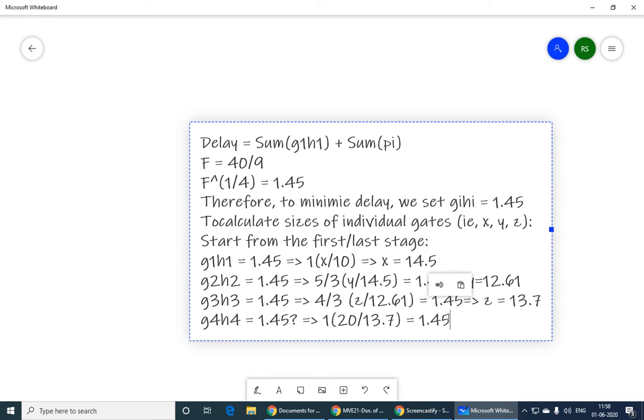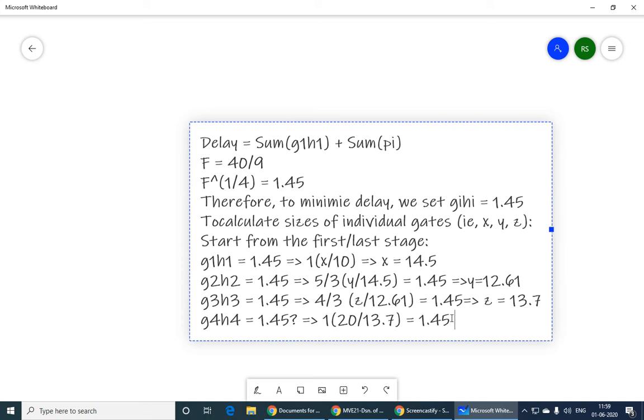So that check tells us that something was not right. So we have to start back from the first, and in this case the Z value was not correct. Now we get the correct value of Z, which is 13.7, using which we can verify G4H4. We don't have to calculate anything, but we can verify it's still coming up to 1.45, and it does come up to 1.45.